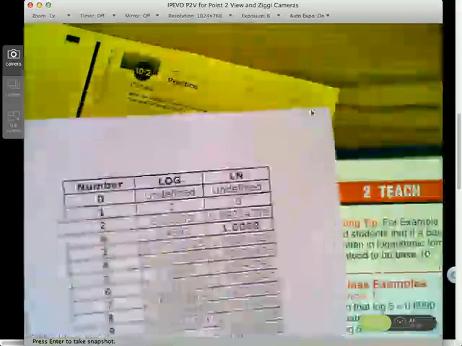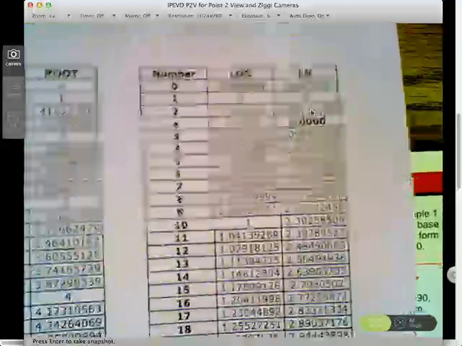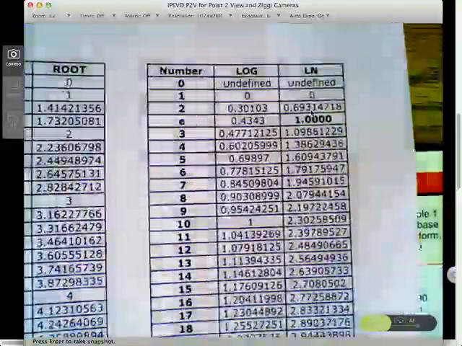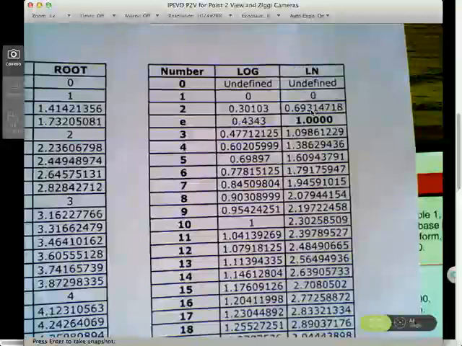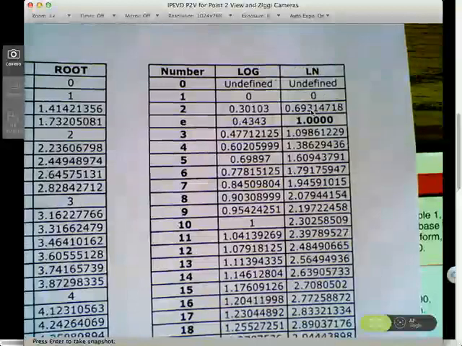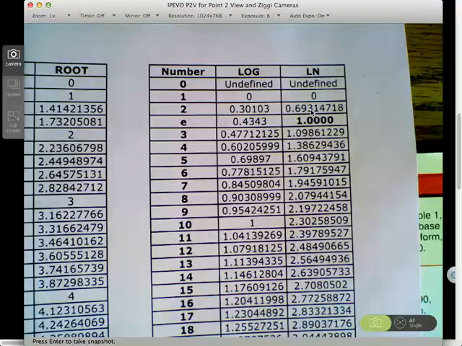Now what I've got here, I've actually given this to you guys before a long time ago. I'm going to pass these out, but I just reprinted them. I believe most of your calculators will probably have some sort of log button on it.